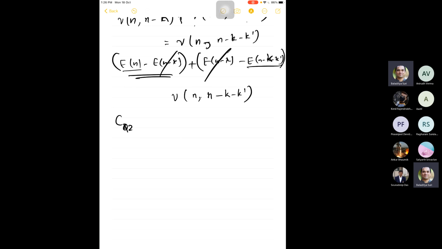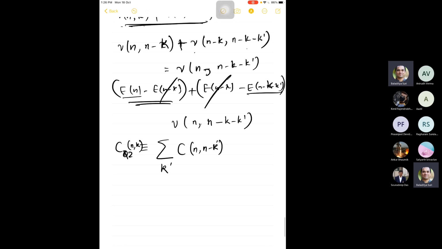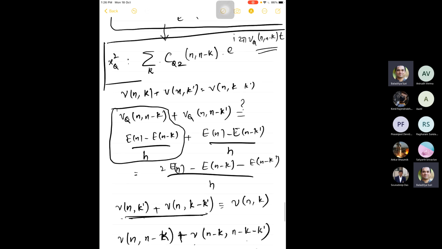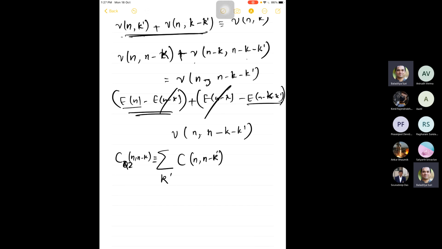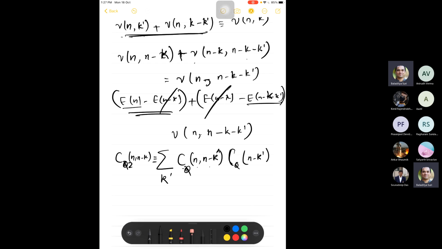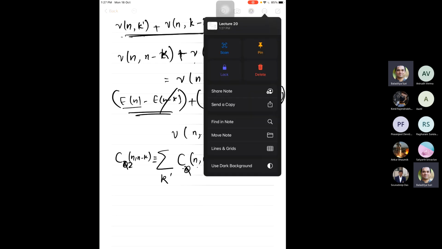So the c_q2 should now have the form: summation over K, summation over K', c_q2 of n-K, which is what we are interested in, should be of the form c of n-K' times c_q of n-K' comma n-K.